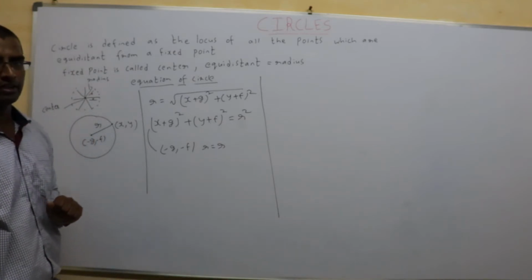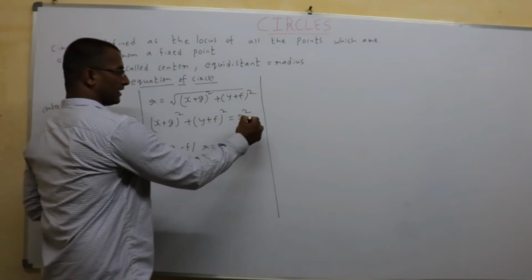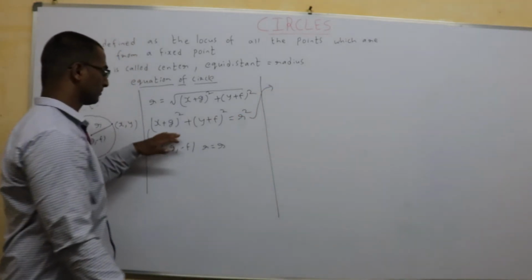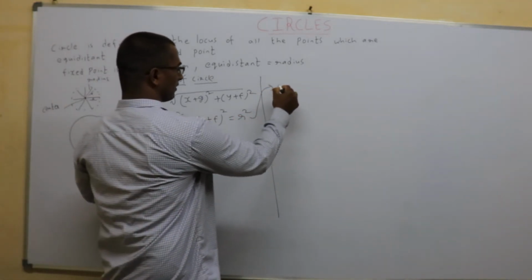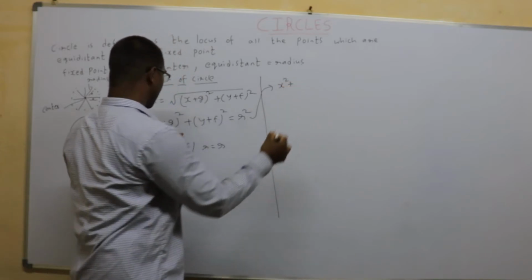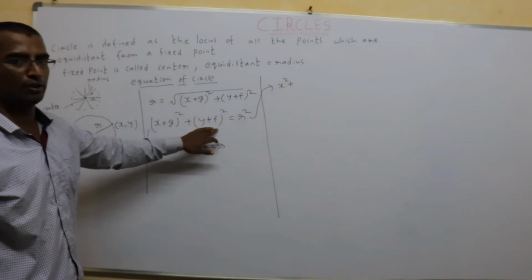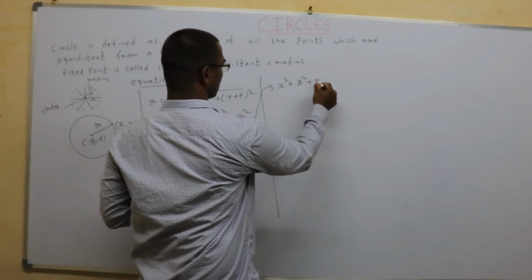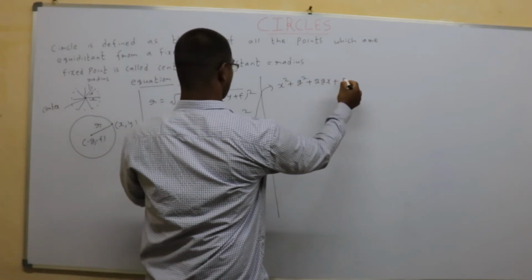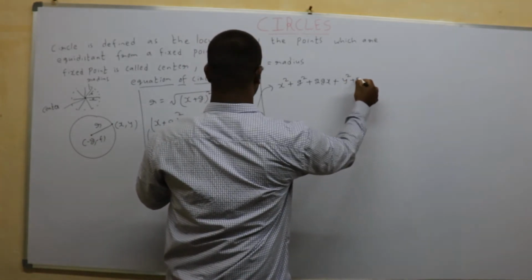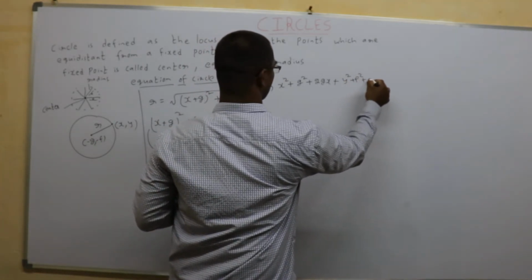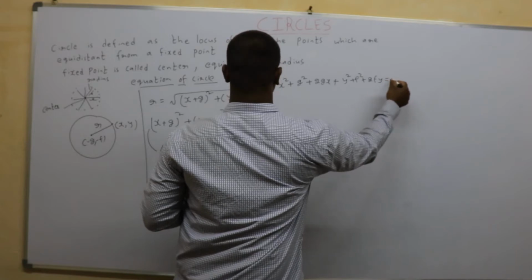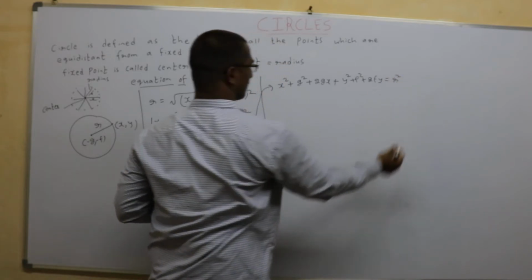Clear so far? Now, another way, if I simplify it, what do I get? I get x square, here (a plus b) whole square, so x square plus g square plus 2gx plus y square plus f square plus 2fy equals r square.